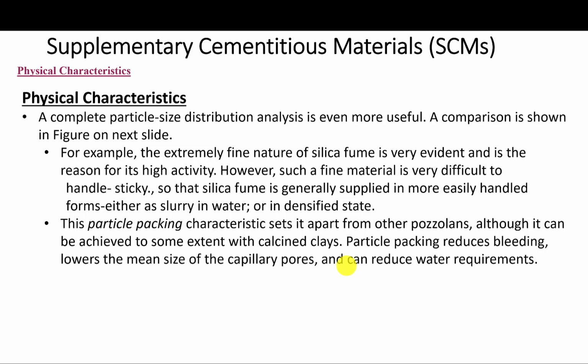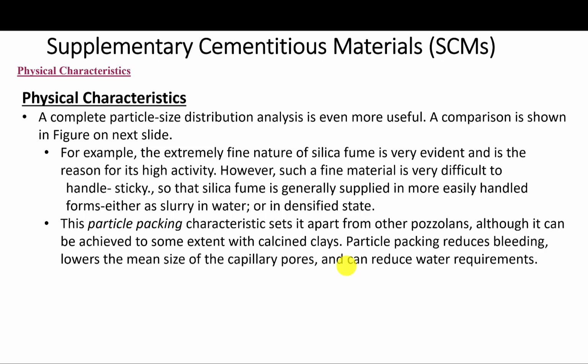Replacement between 5 to 10% by mass of cement is required to provide significant effects. Of course, we need to use a water reducing agent in order to disperse both silica fume and cement. When we use silica fume, water reducing agents need to be used.